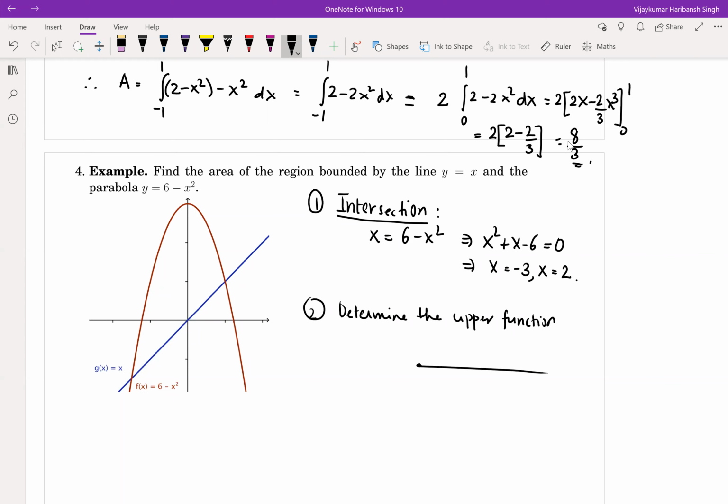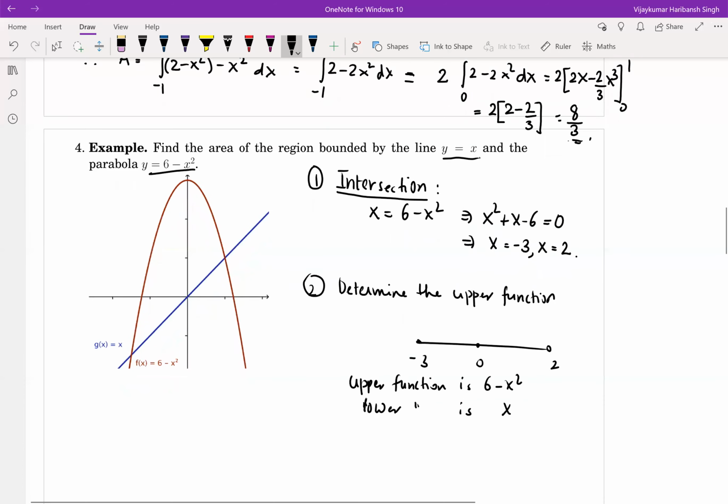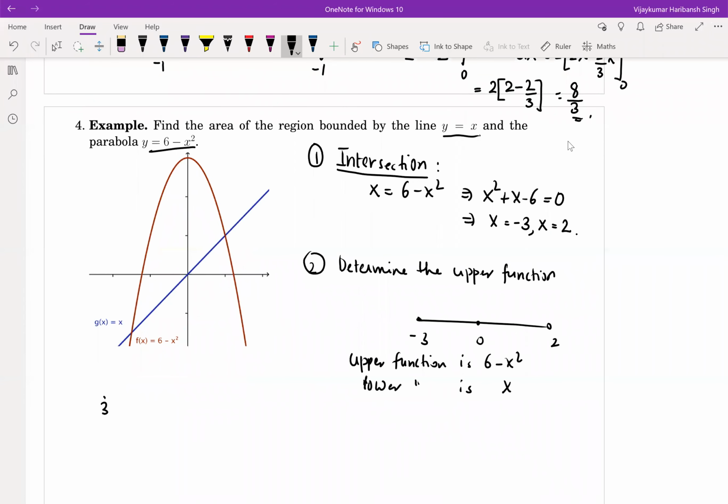So take -3 to 2 and take any point of choice in between. Let's say 0. At 0, substituting in the first one, you will get 0. If you substitute in the other, you will get 6 minus x squared. So the upper function is 6 minus x squared. Then the lower function automatically is x.